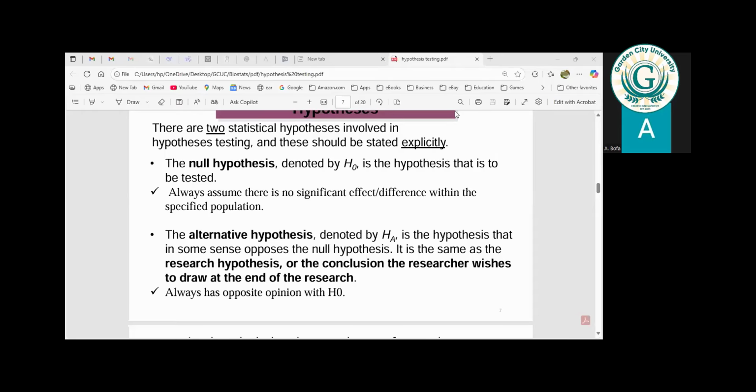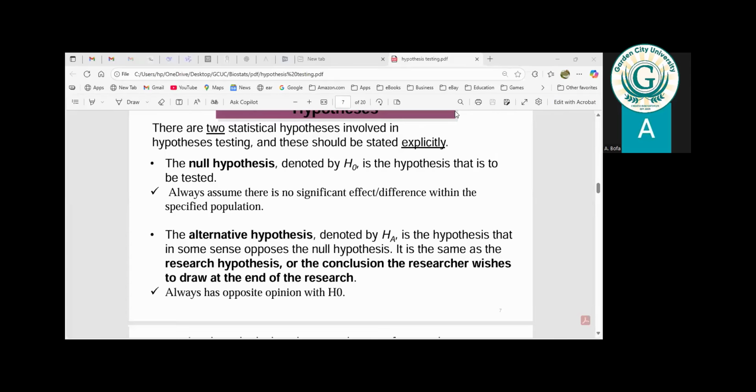Someone can say that the percentage of women receiving antenatal care does not change or remains the same as 75%.